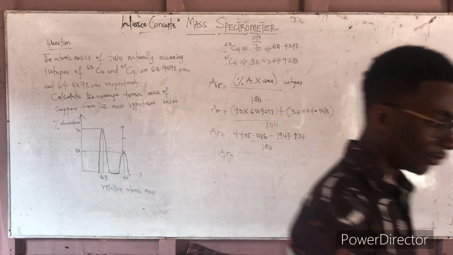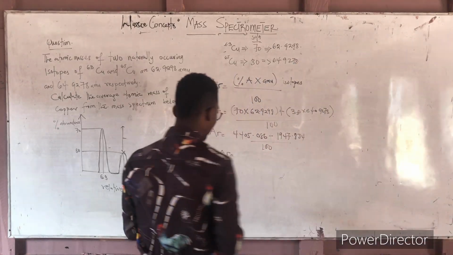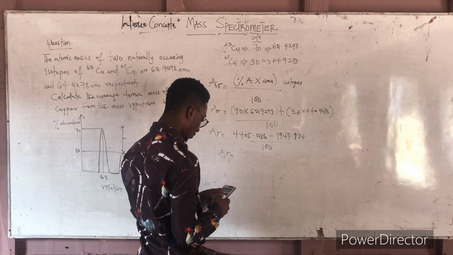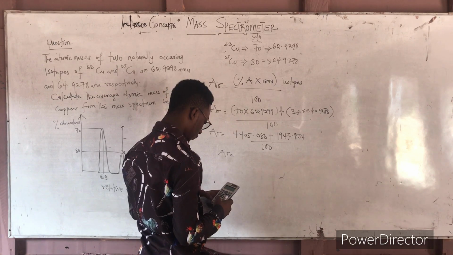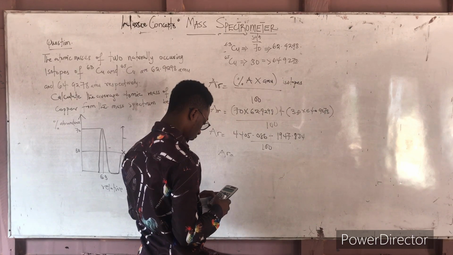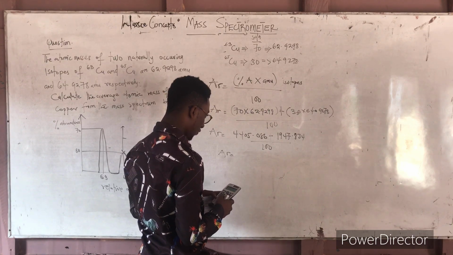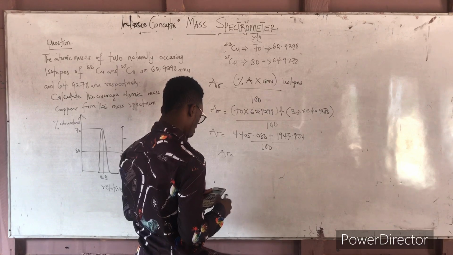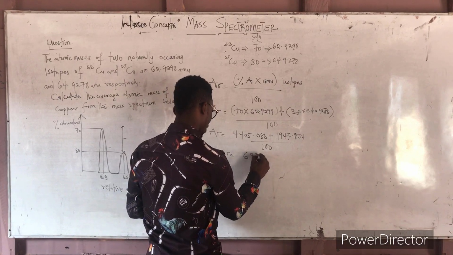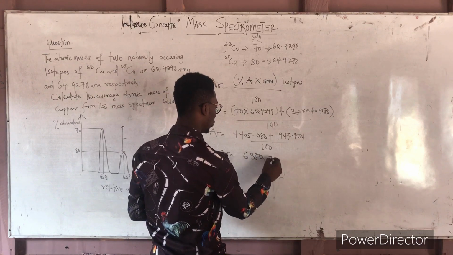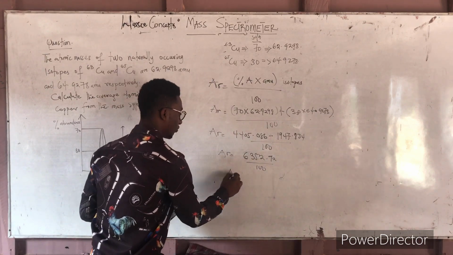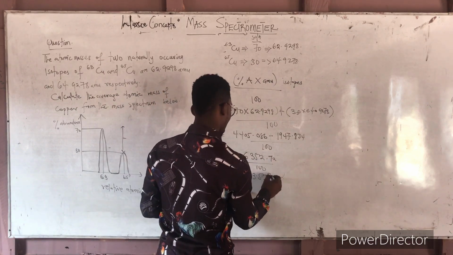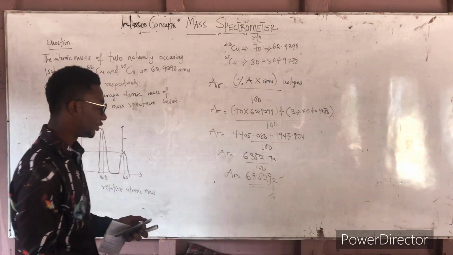So 4405.086 plus 1947.834. When you do that, you get 6352.92, all divided by 100, and your atomic mass unit now becomes 63.5292. So this becomes your average atomic mass unit.